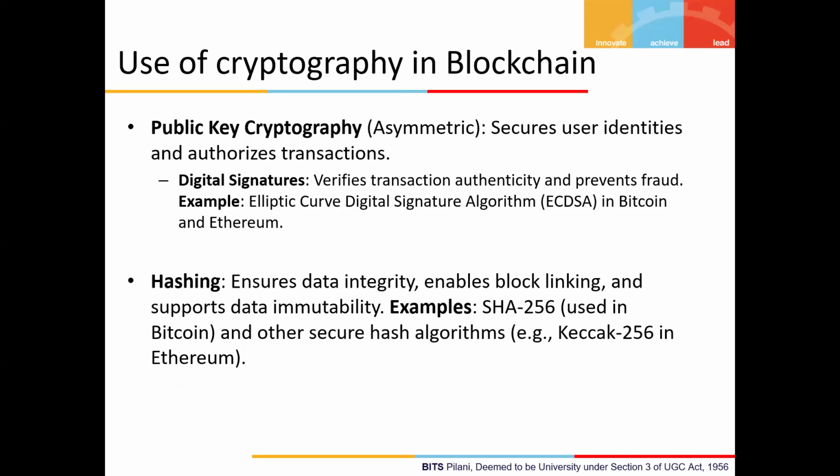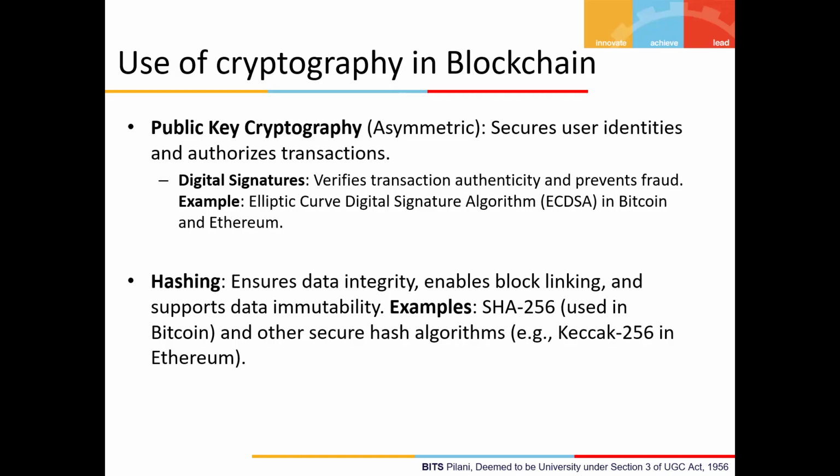For instance, let's say I am sending some data over the blockchain. As I told earlier, whenever we do something over the blockchain, the first thing is we create a transaction, right? That transaction must be signed by me and then I broadcast it to the blockchain network.